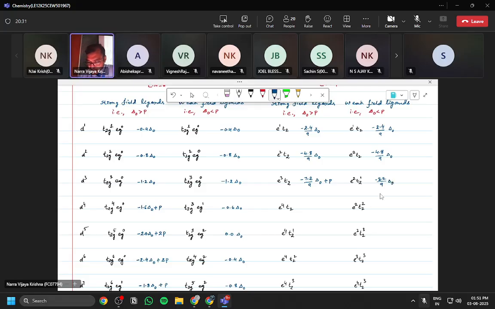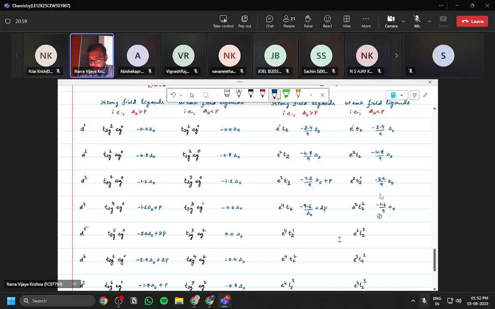Next value. Minus 9.6, plus 2p. Correct? Next, here. This is 1.2, 0.8, 0.4, 1.6. Correct? 1.6 by 9 delta naught.